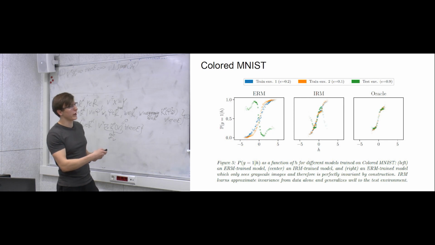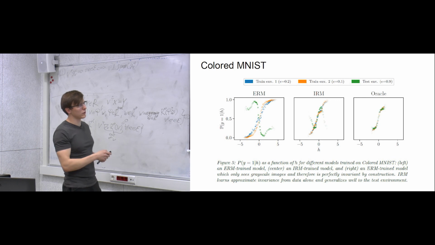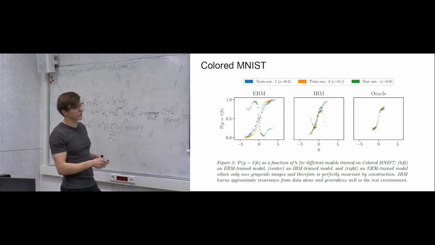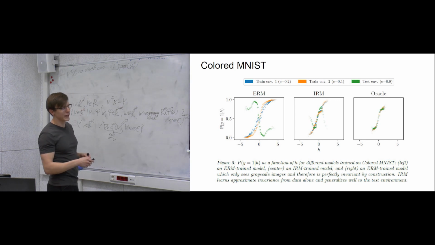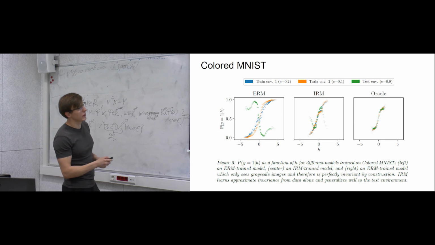They plot the probability of output being 1 against the logits, and they claim that, as you can see, empirical risk has an absolutely different distribution for the testing environment, whereas Oracle has the same distributions, and IRM also has the same distributions.